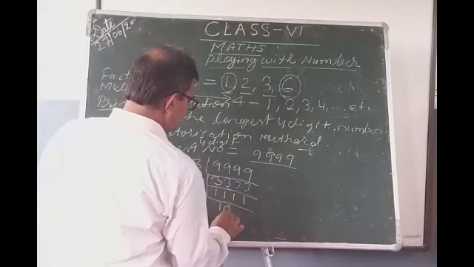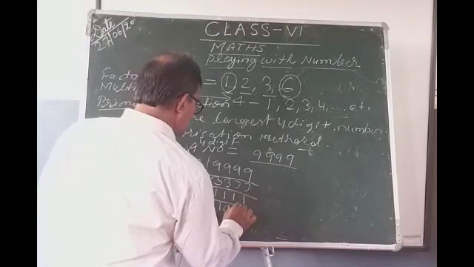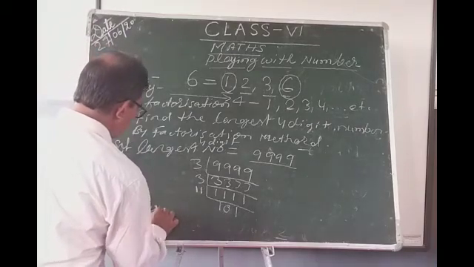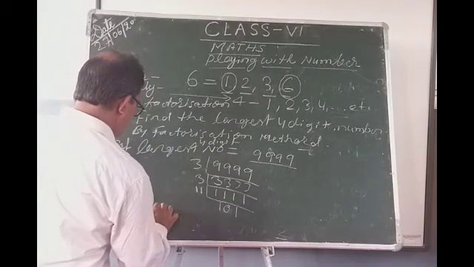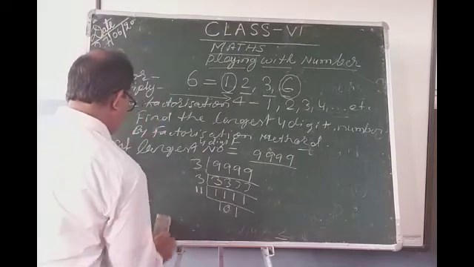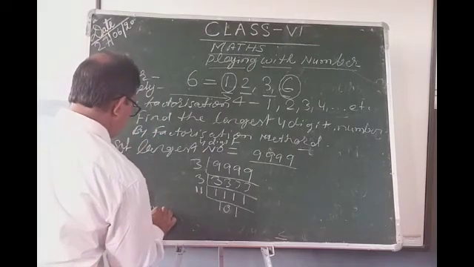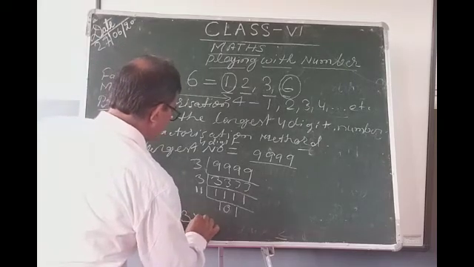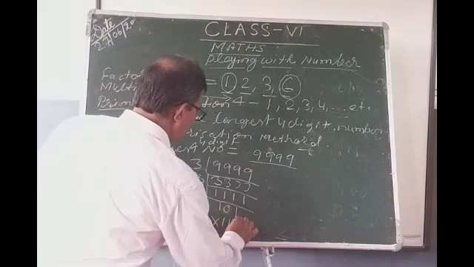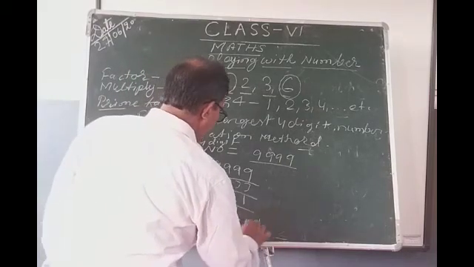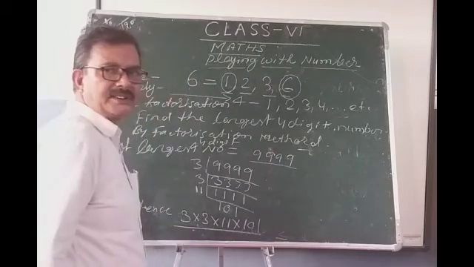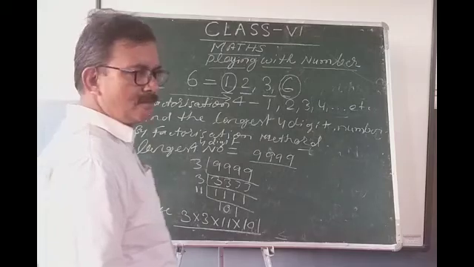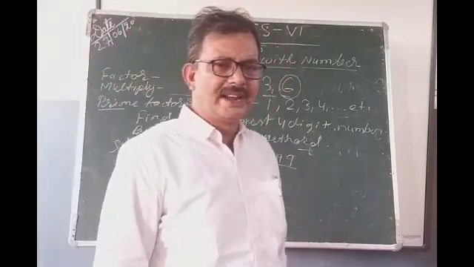Eleven ones are 11. 101. Hence, 3 into 3 into 11 into 101 are the factors of the largest 4-digit number, 9,999.